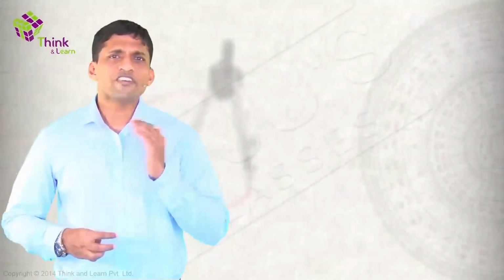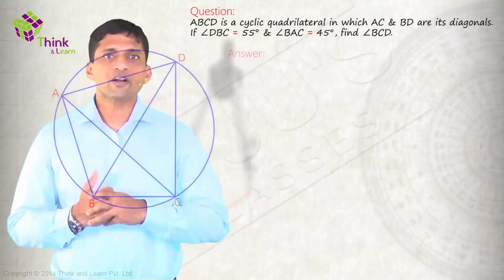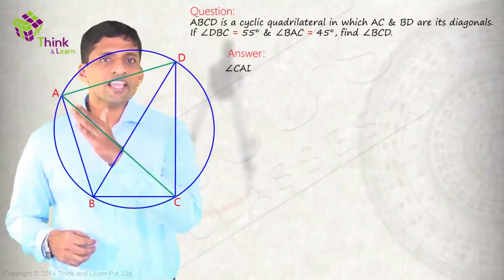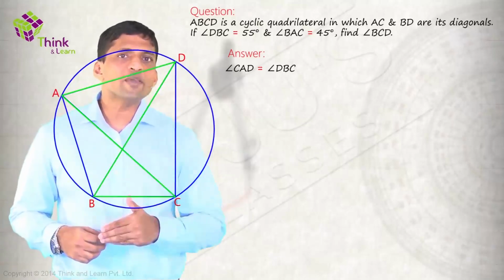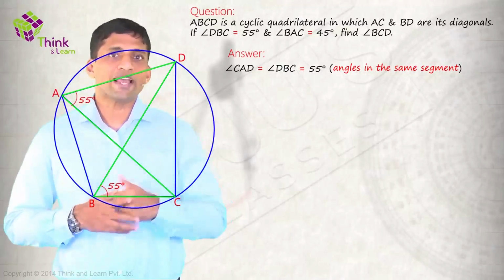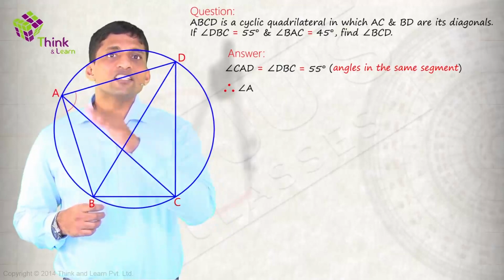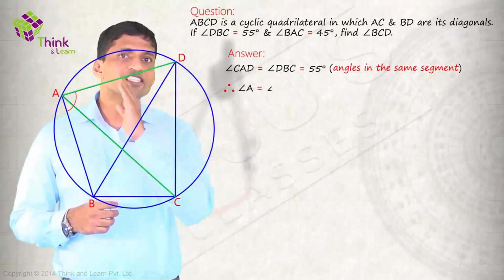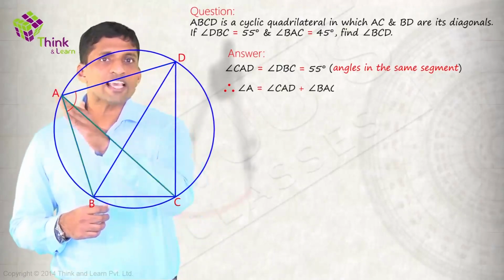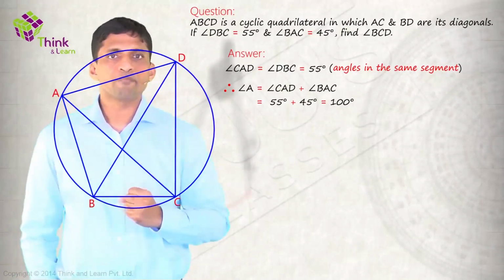Very easy. Now it's a very simple question based on cyclic quadrilaterals. So in this diagram, angle CAD equals angle DBC because they are angles in the same segment, and that's equal to 55 degrees. Angles in the same segment CD. Now angle A, this complete angle, will be equal to angle CAD plus angle BAC, which is 55 plus 45, equal to 100.